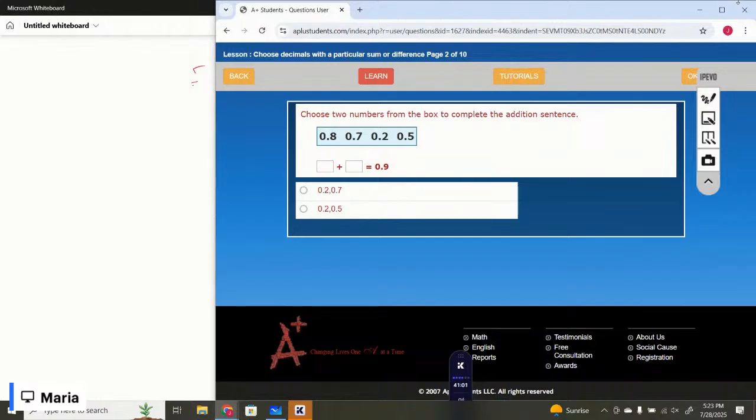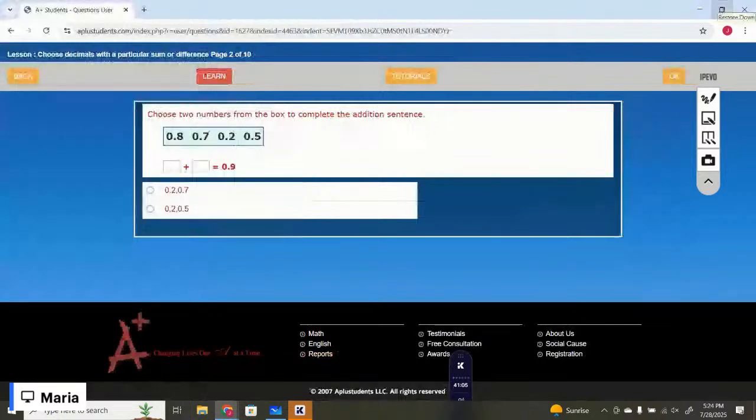Choose two numbers from the box to complete the addition sentence. Just add two numbers.